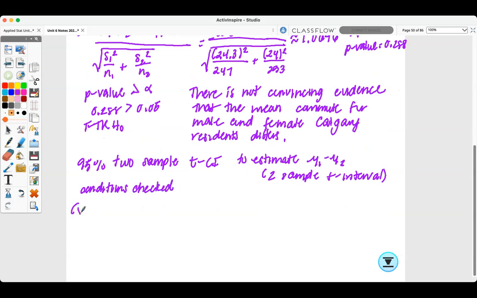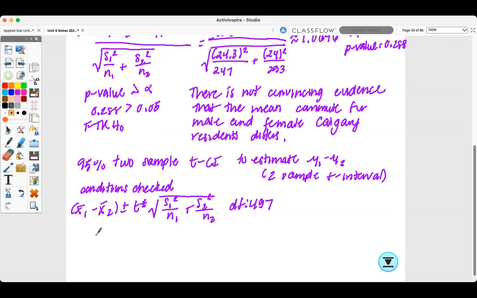Our formula would be x bar 1 minus x bar 2 plus or minus t star times the square root of the standard deviation of my first sample squared divided by n1 plus the standard deviation of my second sample squared divided by n2. And we know our degrees of freedom is 497.